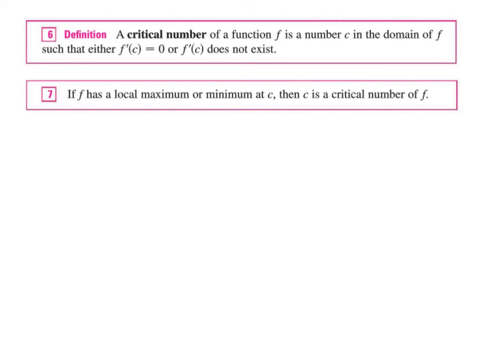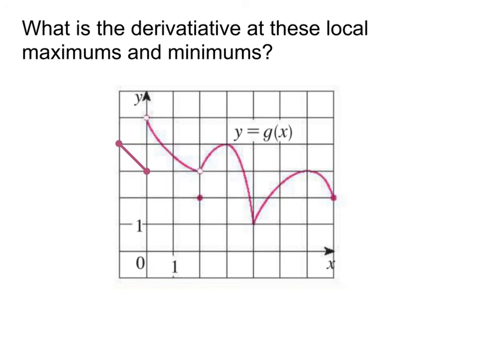So that's the distinction. All right, so we're bringing it back then to this graph again, same one you saw earlier. But now thinking about what are the derivatives at the local maximums and minimums. Well, we already know that they should either be 0 or not exist, right? So let's take a look here. We found earlier a local minimum right here. Okay, what's the derivative at this point?